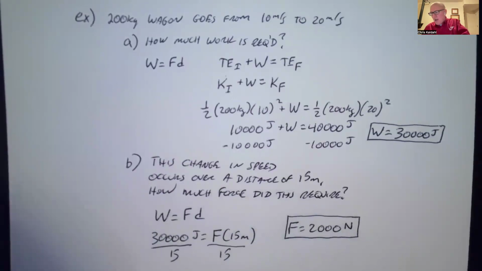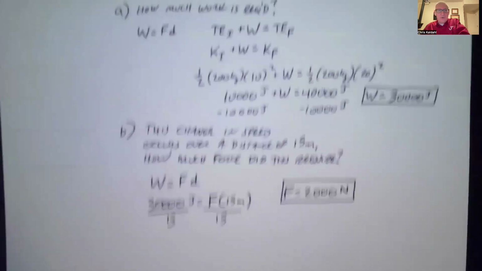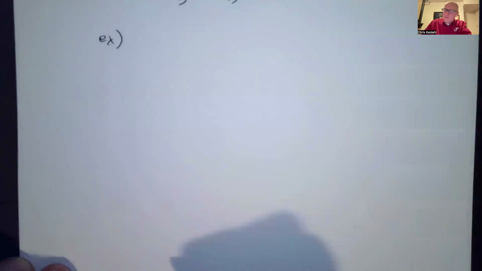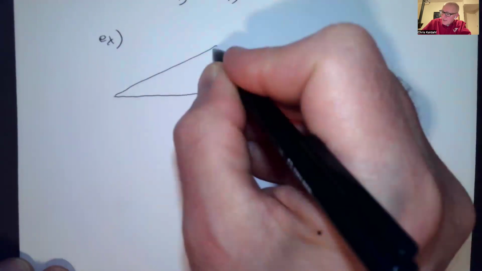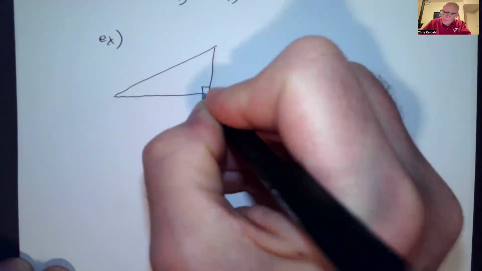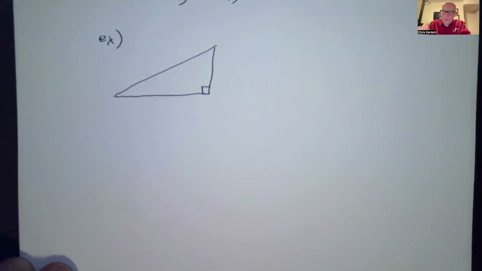So let's now think through a problem. And this involves pushing an object up a nice little incline. And if we think back to geometry, these right triangles, there are these things called Pythagorean triples.